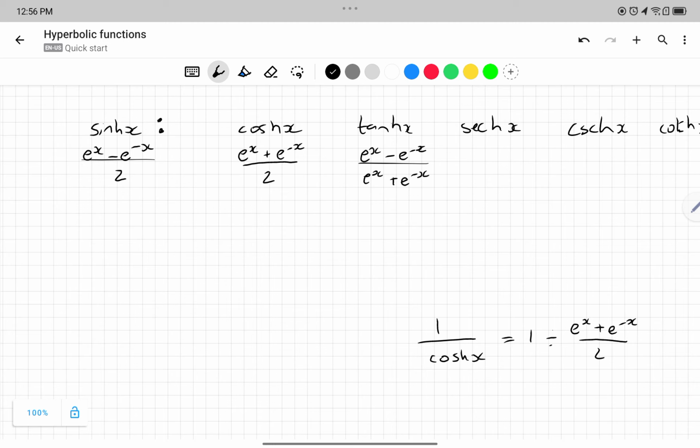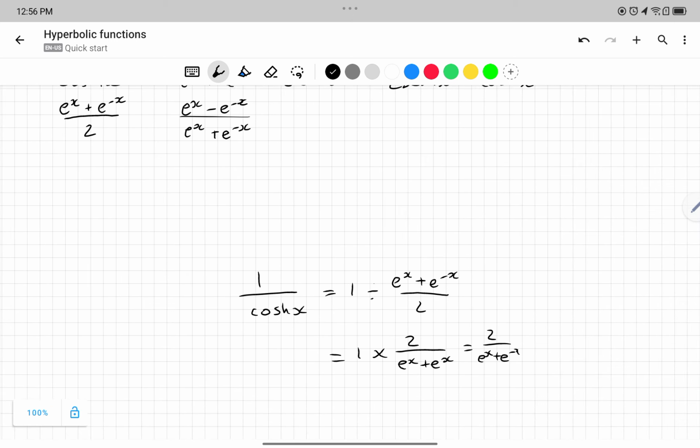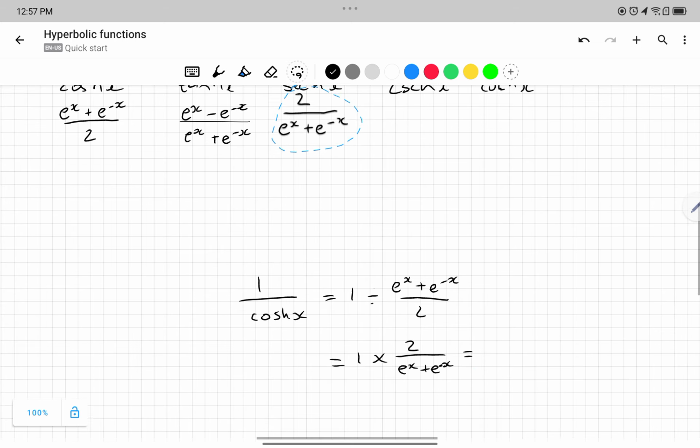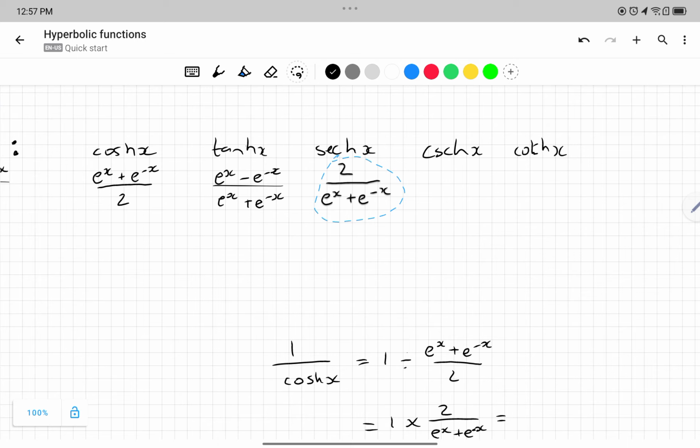Which will give us 1 times 2 all over e^x plus e^(-x), which is 2 over e^x plus e^(-x). Let me write it properly. This is a negative x, don't let that confuse you. So this is our hyperbolic secant x.